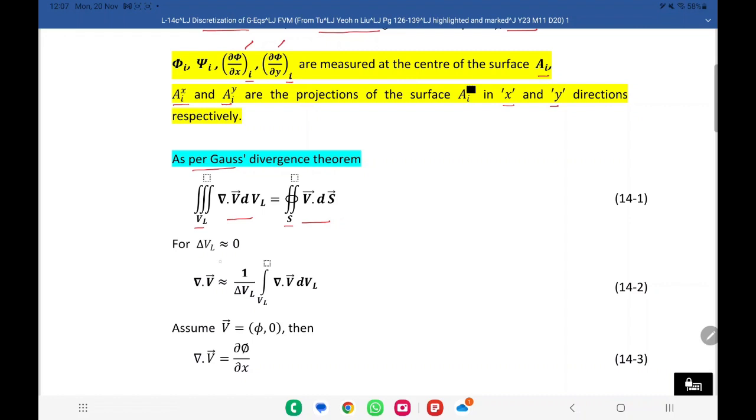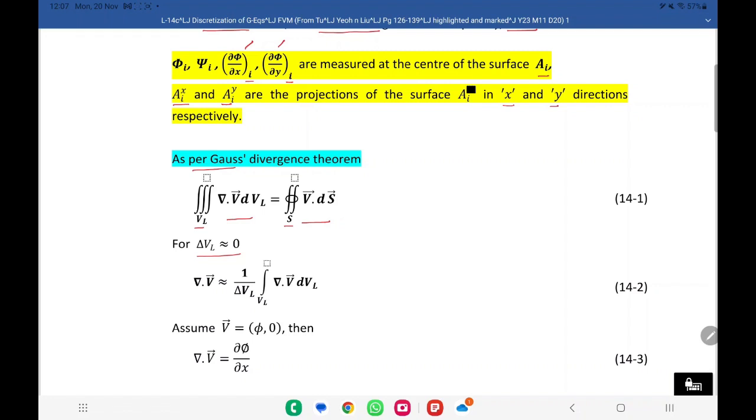Now what we are doing, we are assuming that delta VL is very small, because this is a proper integral. VL can be of any size. The only thing is, on the left side you will break up VL into very small volumes. On the right side you will break up the surface of that volume into infinitely small surfaces.